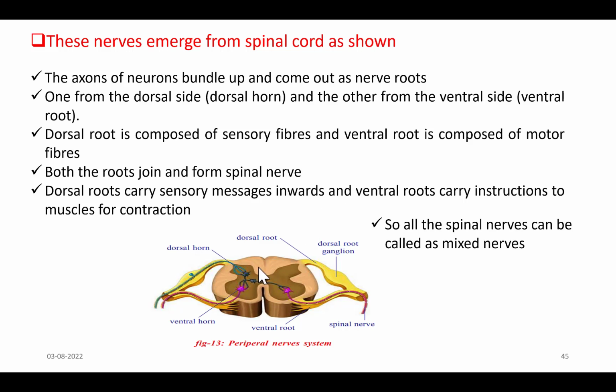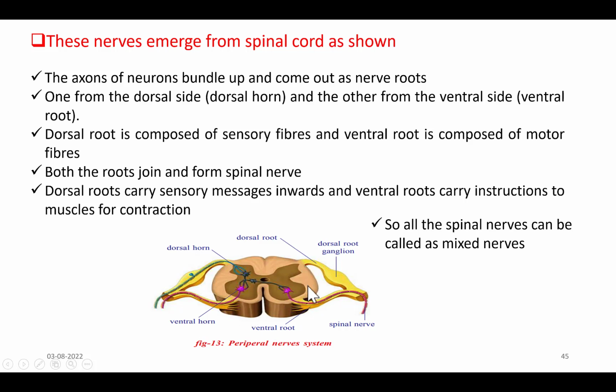White matter is nothing but axons. So cell bodies are at the center and axons are at the periphery. If you see here, the grey matter is in the form of the alphabet H. So these two arms of the H are called dorsal horns because they are on the dorsal side. These two arms are called ventral horns because they are on the ventral side.